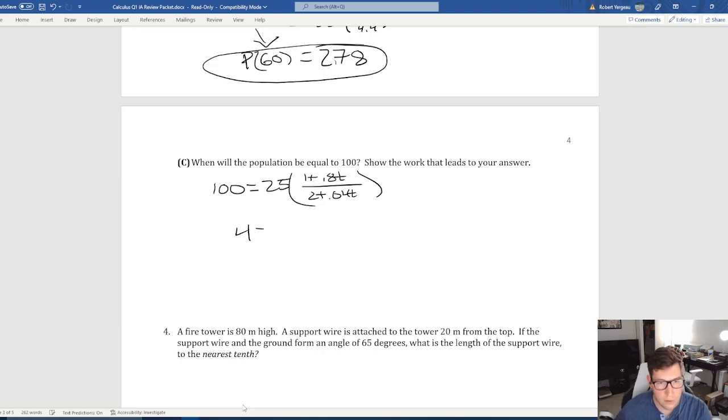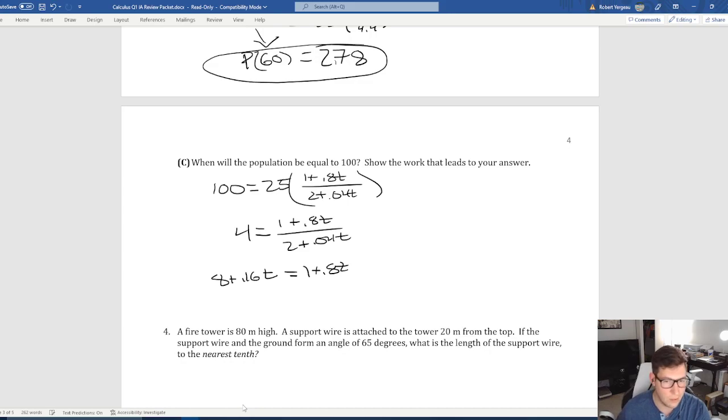Learn that 4 is equal to 1 plus 0.8t over 2 plus 0.04t. Multiply by my denominator, right? We're going to multiply by 2 plus 0.04t on both sides. I'm going to get 8 plus 0.16t is going to be equal to 1 plus 0.8t.